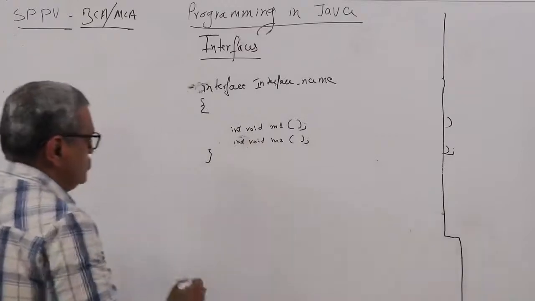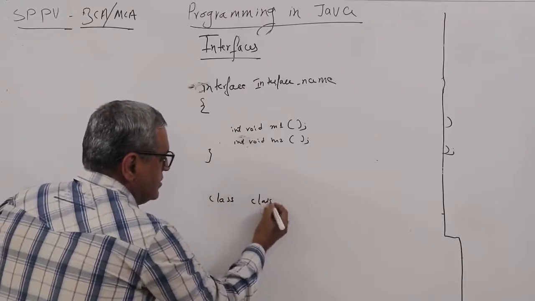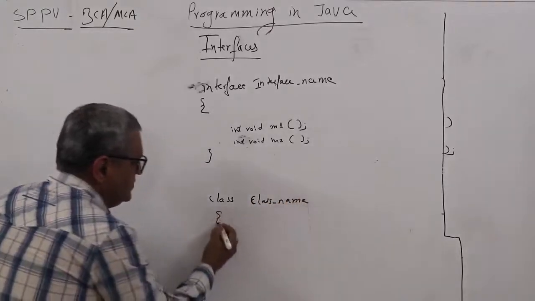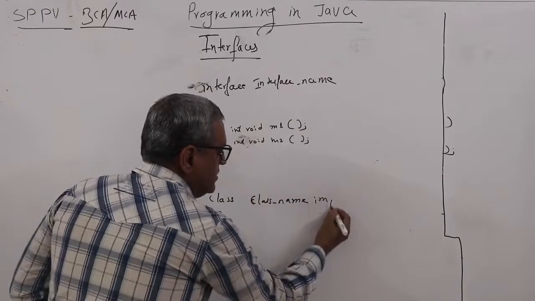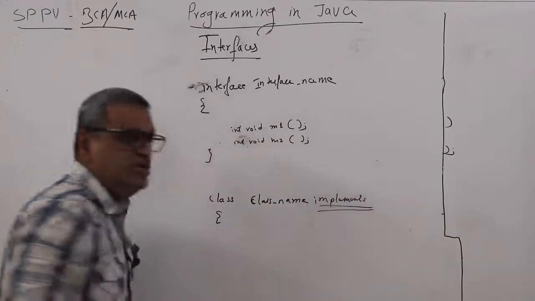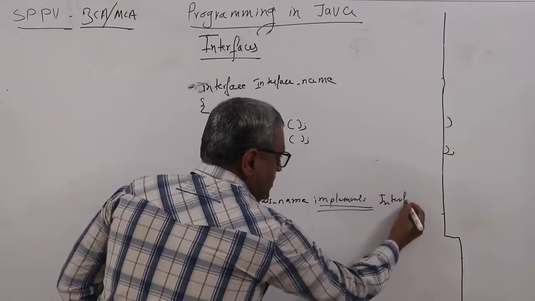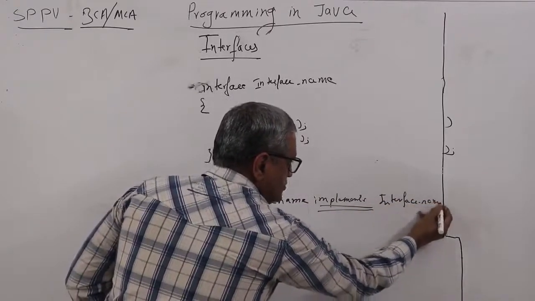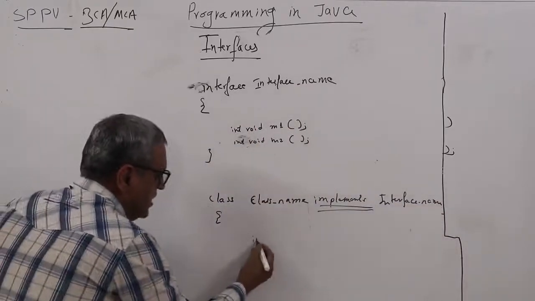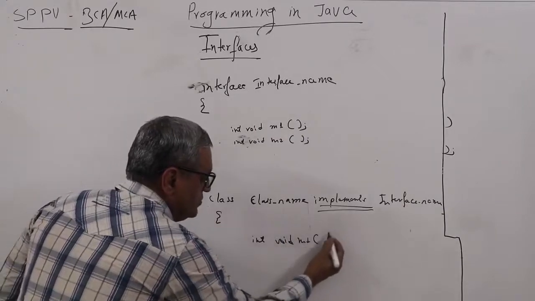Now those classes which are going to implement this interface will actually have the methods detailed out in them. So I can have, say for example, a class name, and then implements is the keyword which is used to implement the interface. So this is the interface name. Within this class I will have to detail out my methods.